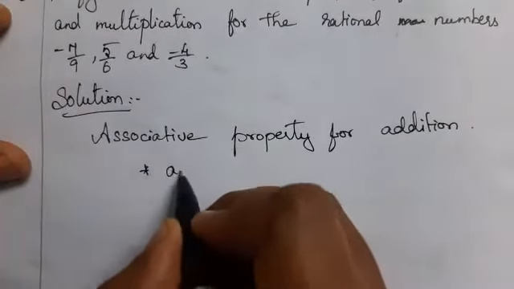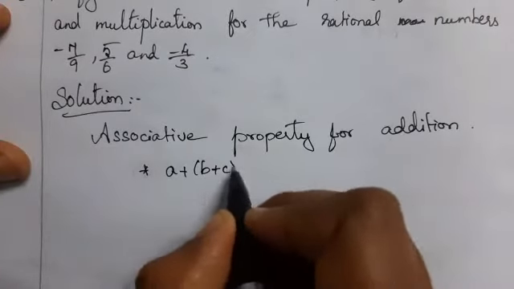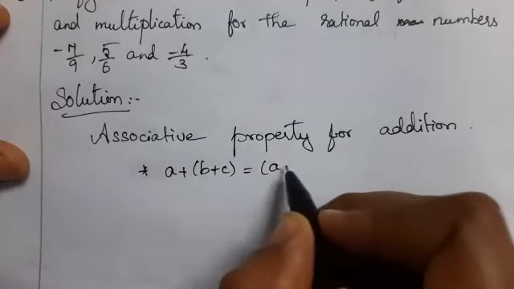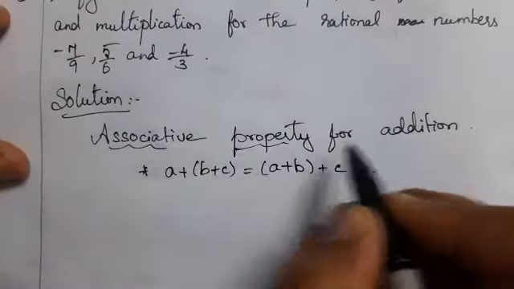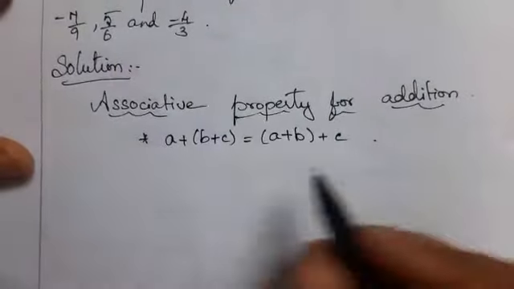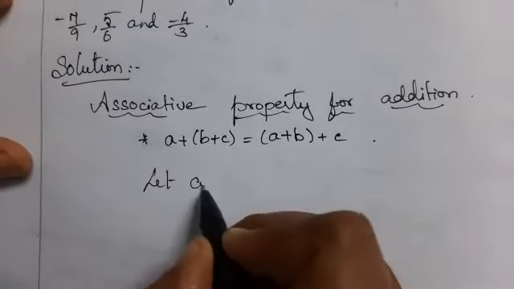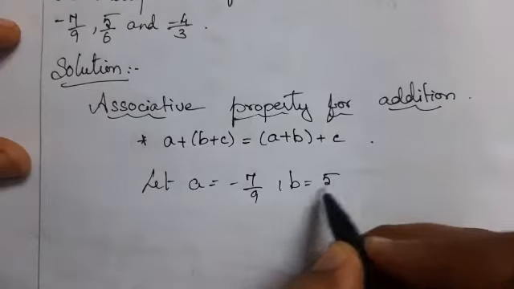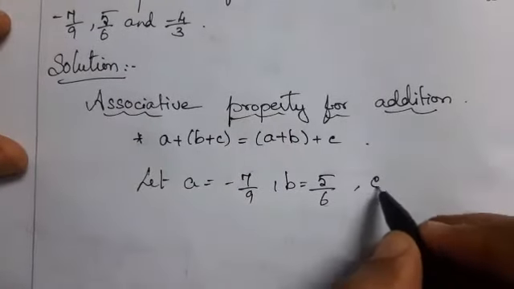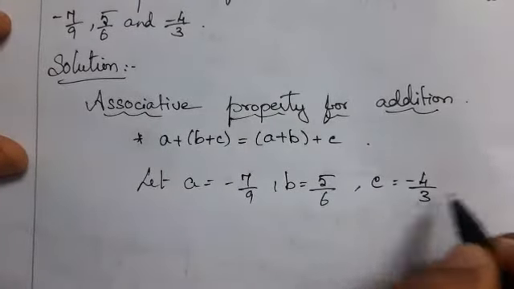A plus B plus C is equal to A plus B plus C, with the brackets grouped differently. Let A is equal to minus 7 by 9, B is equal to 5 by 6, C is equal to minus 4 by 3.